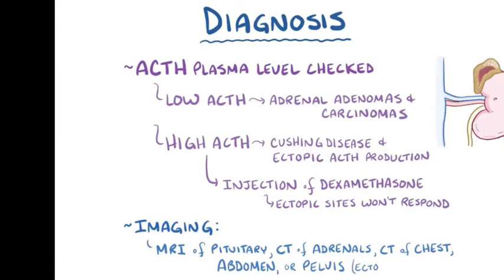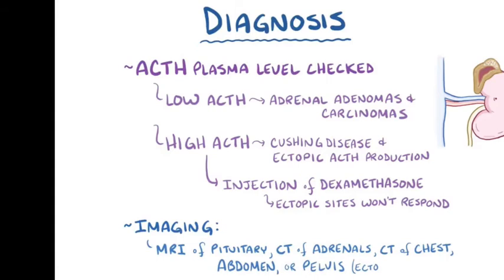So we give another injection of dexamethasone. If an ectopic site is the cause of the high ACTH, usually it will not respond to the injection of the DEXA.